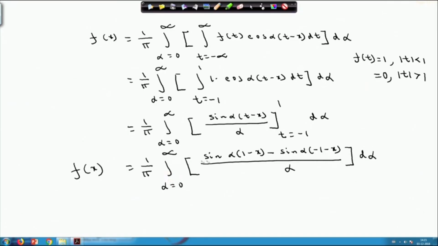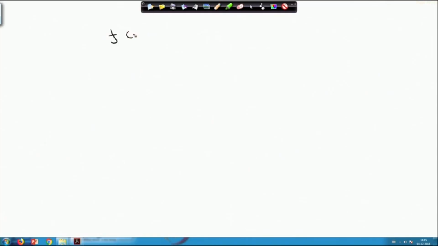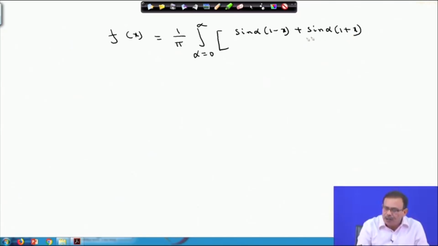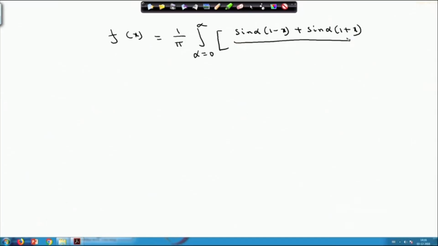In the next line, I can write it as 1 by pi, integral from alpha equals 0 to infinity of sine of alpha into (1 minus x) plus sine of alpha into (1 plus x), since the term was minus sine alpha into (minus 1 minus x), which becomes plus, divided by alpha, d alpha.